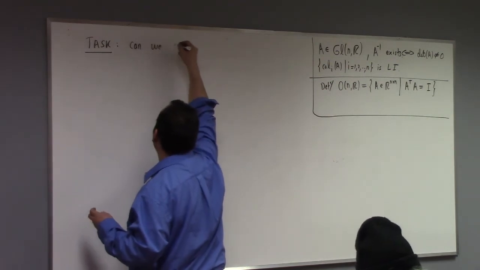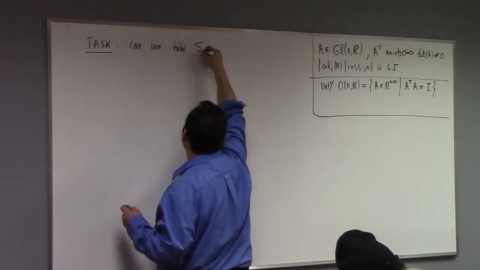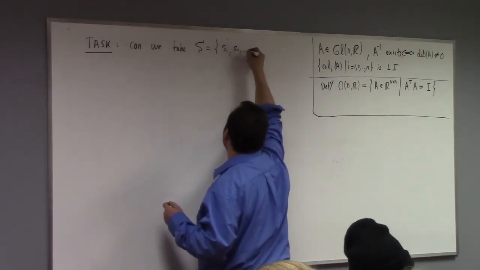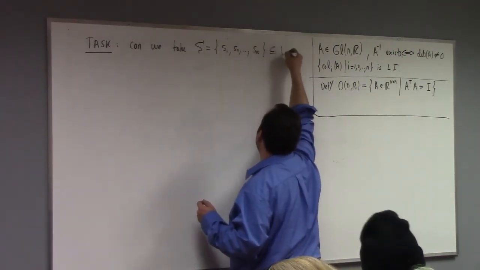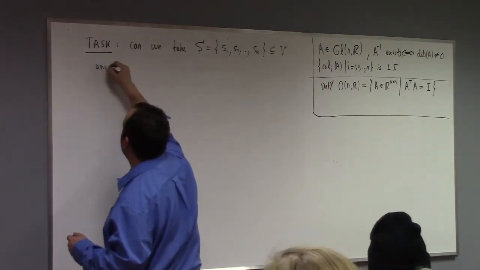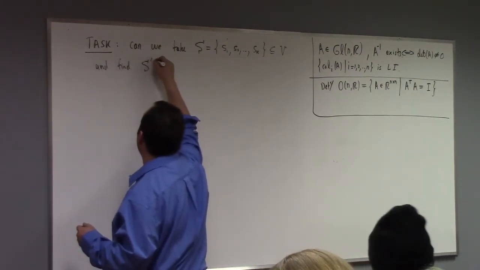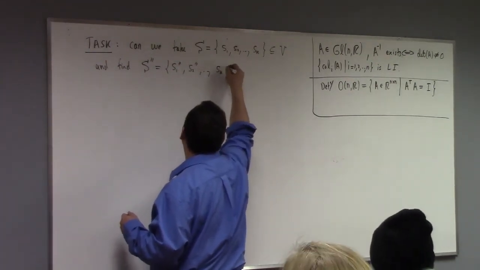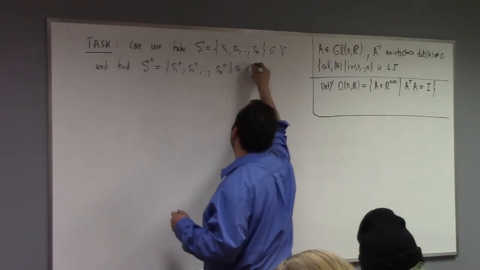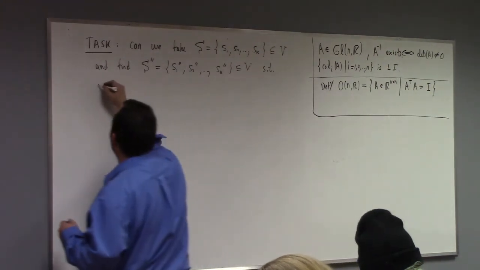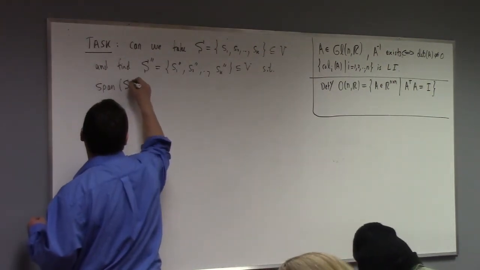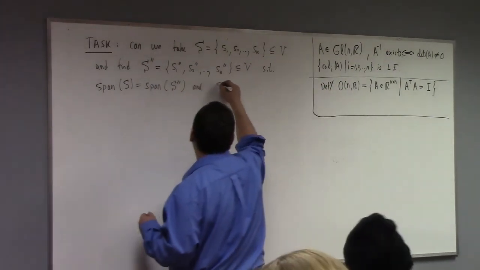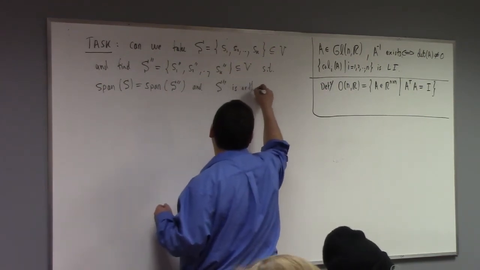Can we take S, let's say S1, S2, through Sk, a subset of some inner product space V, and find S, I'll call it S prime prime, a subset of V, such that the span of S is equal to the span of S prime prime, and S prime prime is orthonormal.